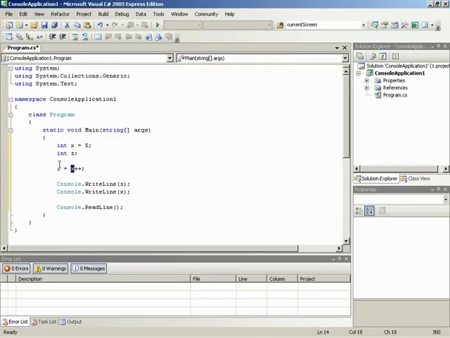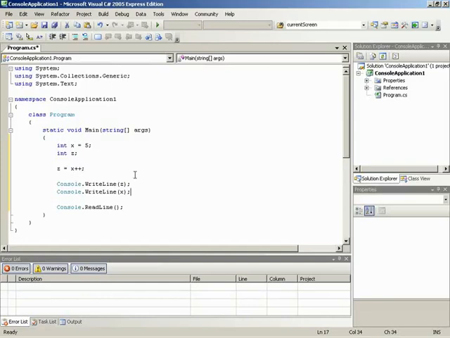So 5 gets put into z. Now that means that the line has evaluated. Well, now we need to come in here and take care of this plus plus action. So z contains 5. Let's take x, which is 5, and increment it by 1. And that becomes 6. And let's make sure that is stored in x so that when we write lines here, we're first going to write out a 5, and then we're going to write out a 6, because that is what is in z and x respectively.